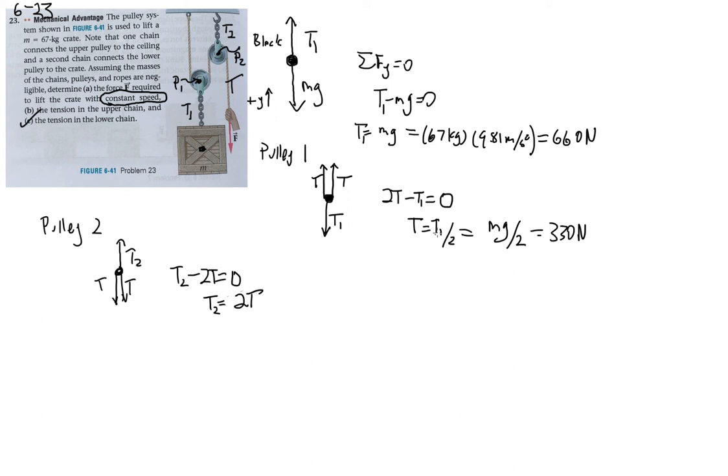I happen to know what T is. It's T1 over 2, which is mg over 2. So T2 equals 2 times mg over 2, which is equal to mg. That's also 660 newtons.